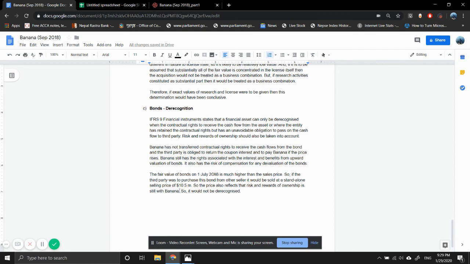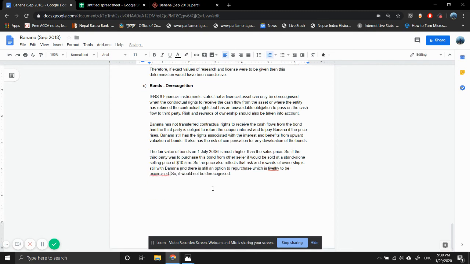Okay, and there is still an option to repurchase from Banana, and there is still an option to repurchase, which is likely to be exercised, so it would not be derecognized, right?